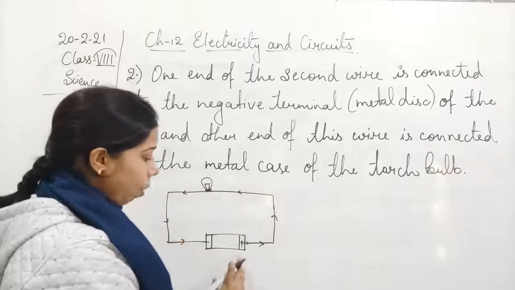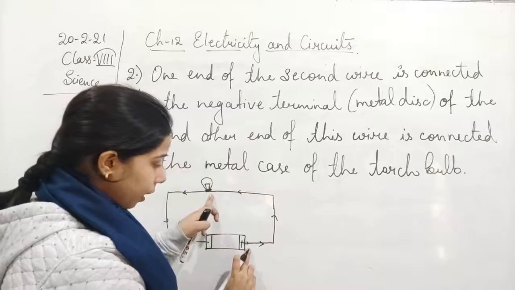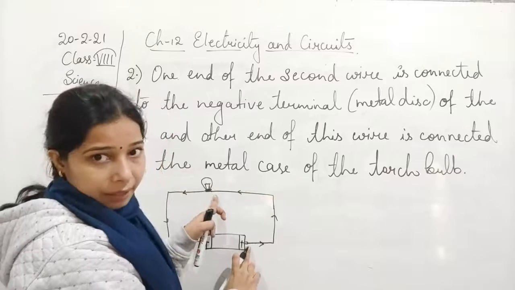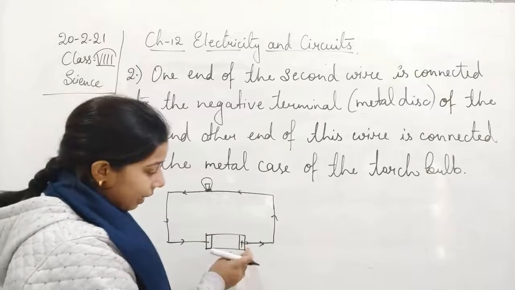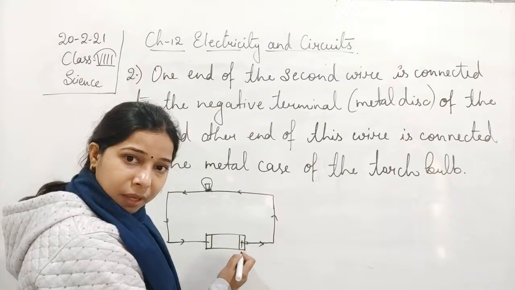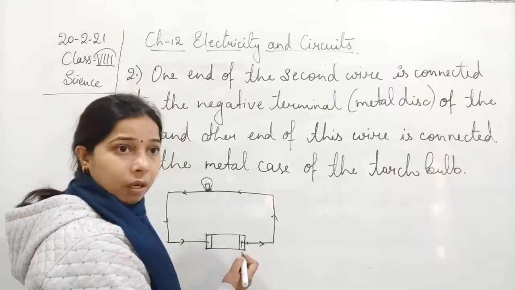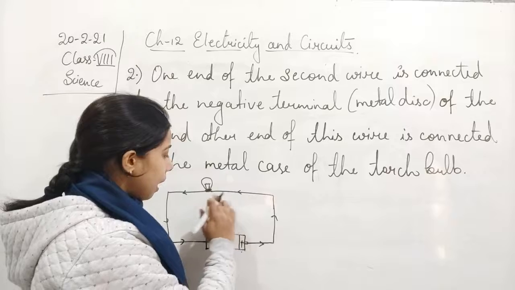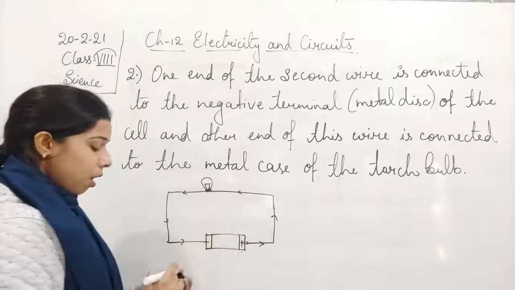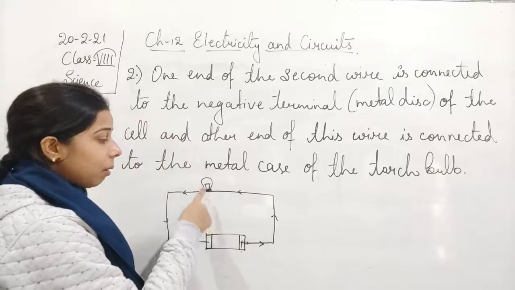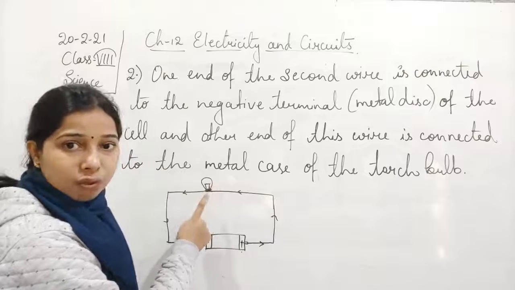The first connecting wire is connected to the positive terminal of the electric cell, and again to the metal tip at the base of the torch bulb.